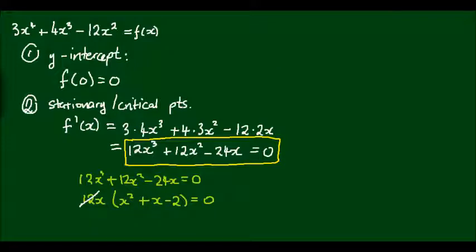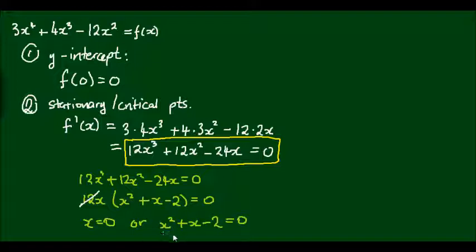So I know straight away that one of the roots is x is equal to 0, and the other possibility for this equation to hold true is that x squared plus x minus 2 is equal to 0.